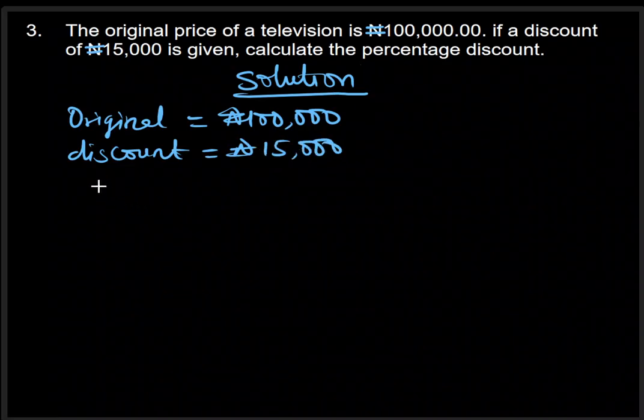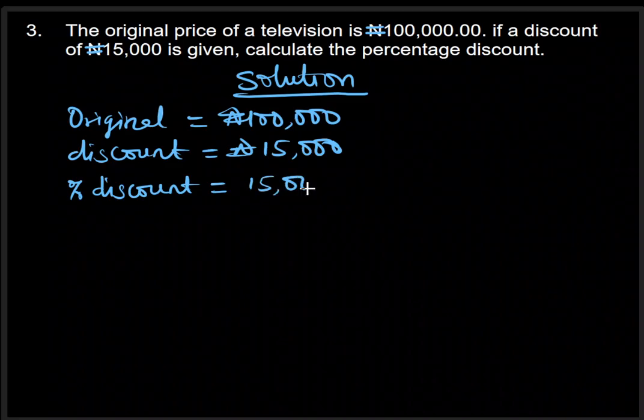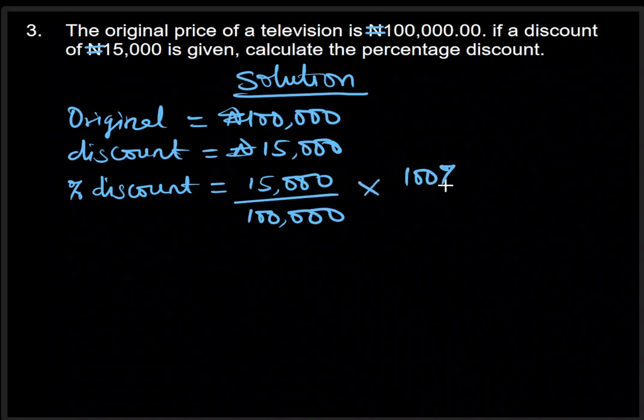You have to calculate the percentage discount. That means we are just to change the discount to a percentage. So our percentage discount will be the discount, 15,000, all over the original, 100,000, times 100%. So our percentage discount will be 15%.